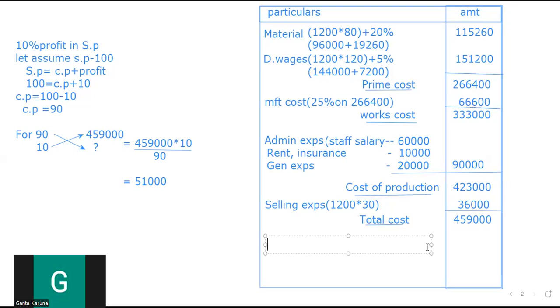I'm going to take it here. So profit is equal to 51,000. Now how much is the profit we got? By cross multiplying, we got around 51,000. So when I'm going to add, therefore my sales is equal to the total cost plus profit. I'm going to add it, then it is going to be 5,10,000. So this is how we have found out the new quotation for our 1,200 coolers.